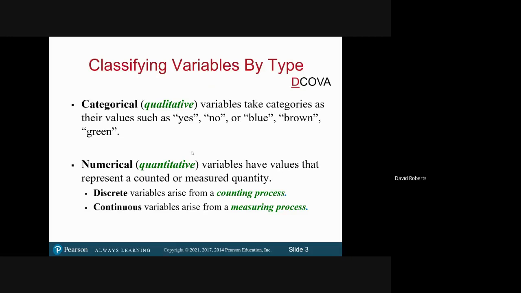So 1, 2, 3, 4, 5. Continuous are things like, say, measuring liquid. So it goes from 1 to 1.01 to 1.02. They can even have more decimal places, but it's continuous. Discrete would have gaps between the numbers. Continuous does not.